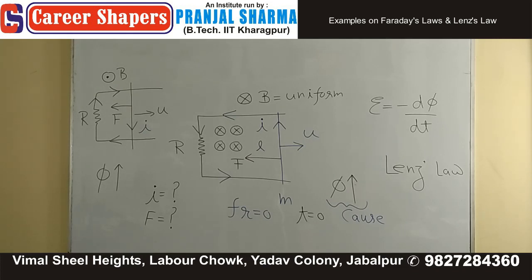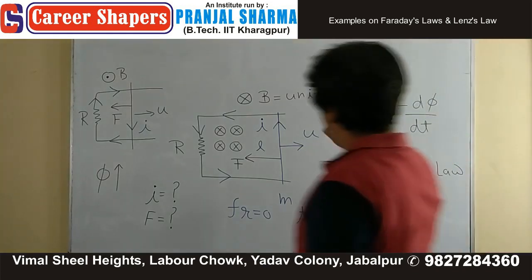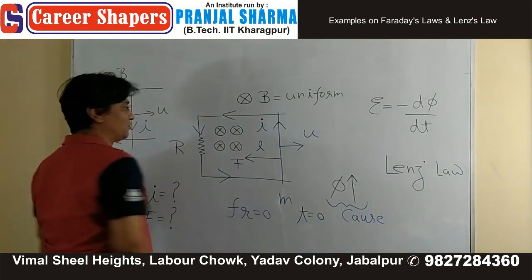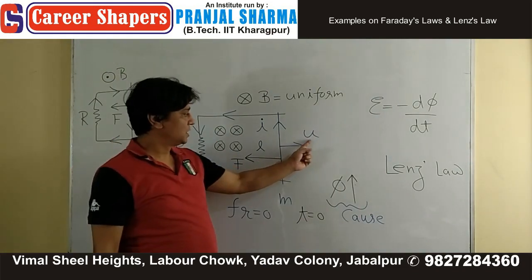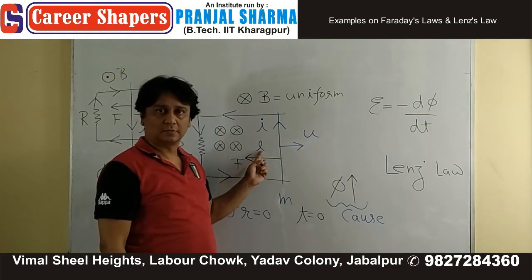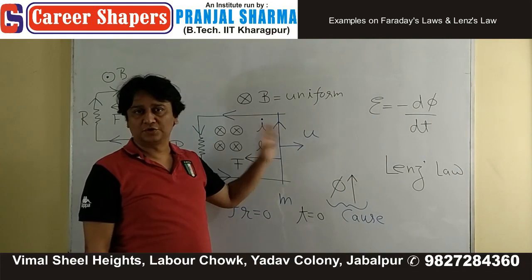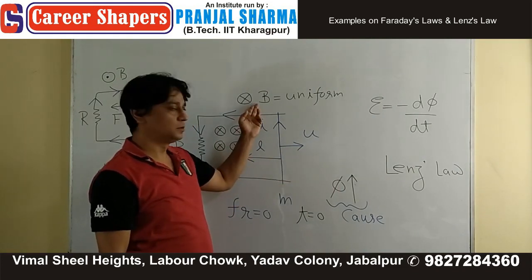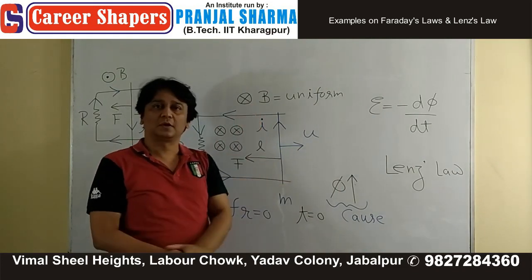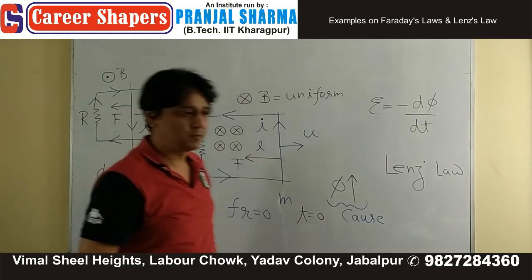Not a single response. Let me give you a hint. You know that rod is moving with you. Its length is known. The magnetic field in which this rod is moving is known. It will give you what? Magnitude of induced EMF.